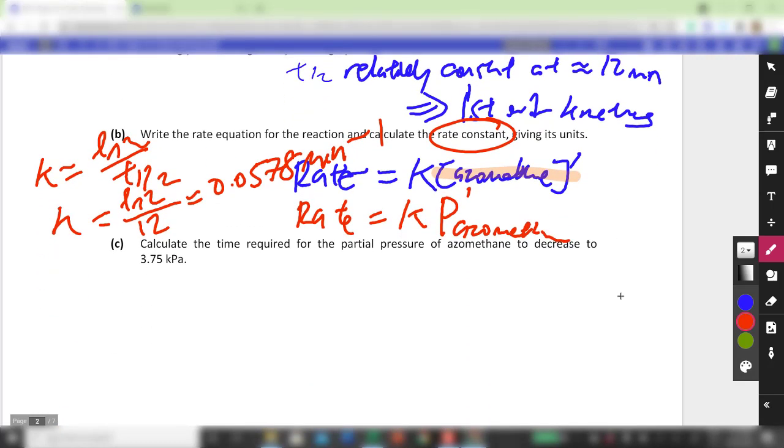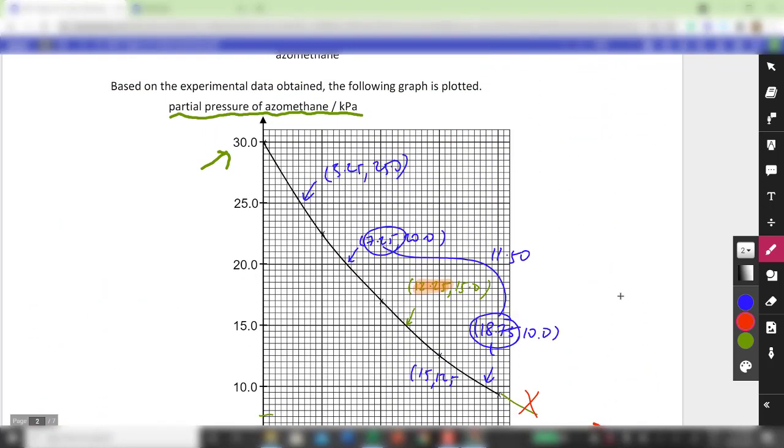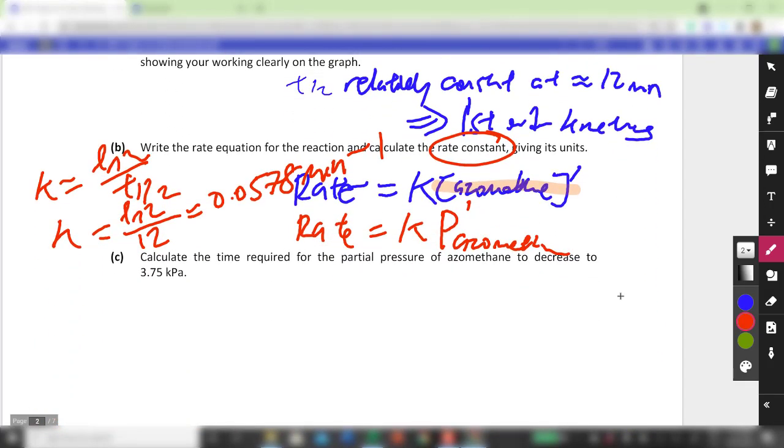Finally, you are asked to calculate the time required for the partial pressure of azomethane to decrease to 3.75 kilopascal. Again, there's an easy way to do this, and a difficult way. We can look at the initial partial pressure, which is 30.0.